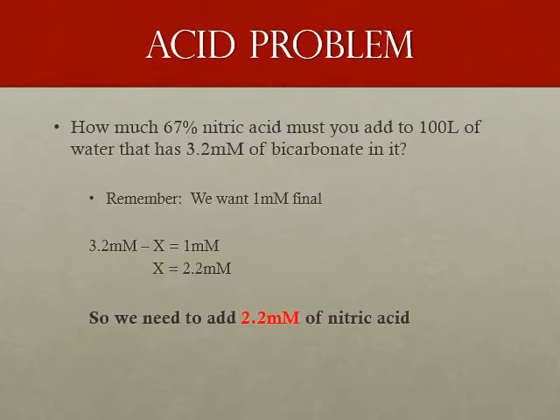So let's look at the problem. Say we're using the water analysis from the college. We want to neutralize our water. In this case, I'm going to bump the number up so the numbers are a little more extreme. Let's say we have 3.2 millimole in our water test, and we want to bring it down to the desired 1 millimole from 3.2 using 67% nitric acid, and we're treating 100 liters of water.